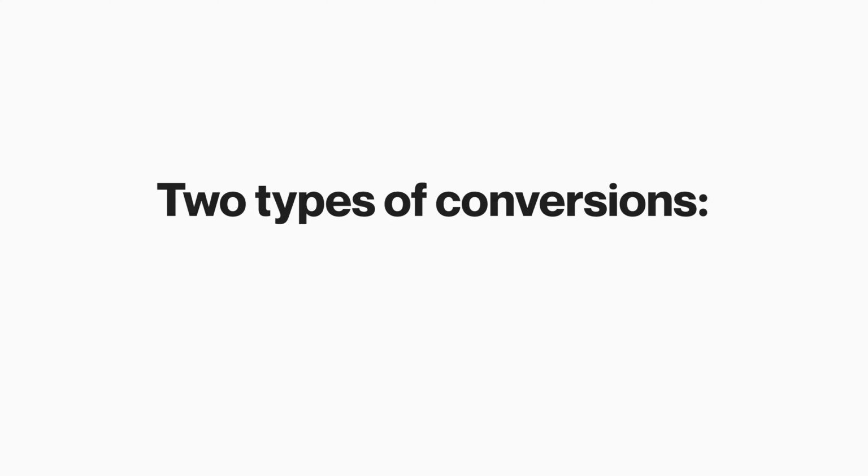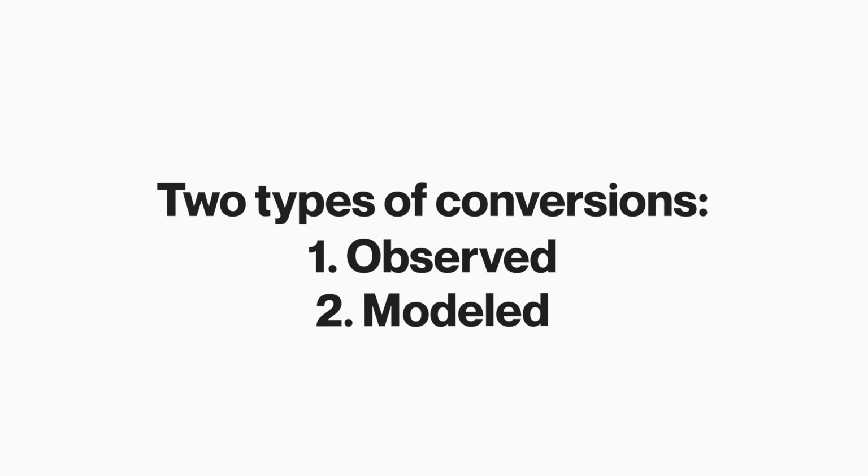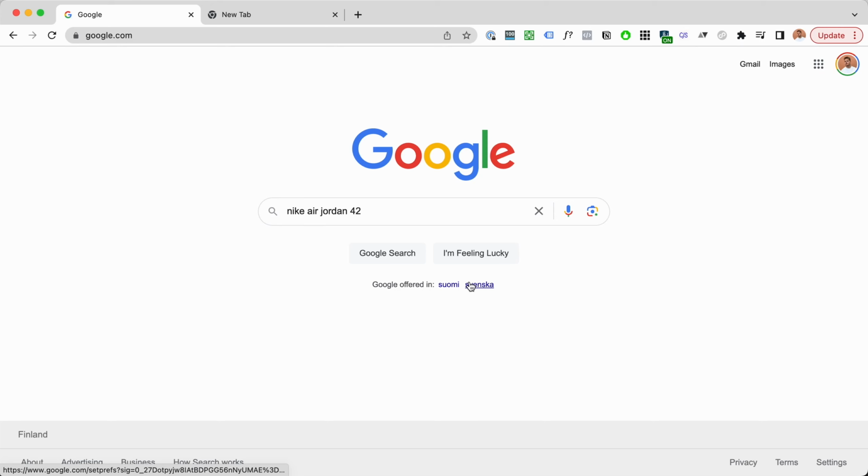They are called observed conversions and modeled conversions. Let's first understand the difference between these, so that we can understand the problem, and why the enhanced conversion tracking is a great solution for it.